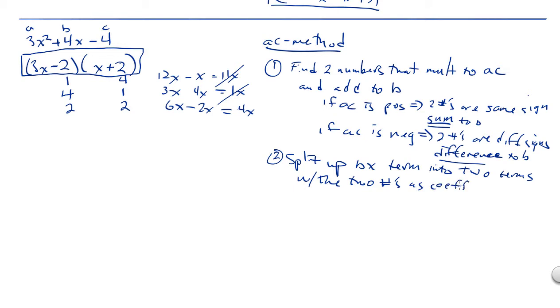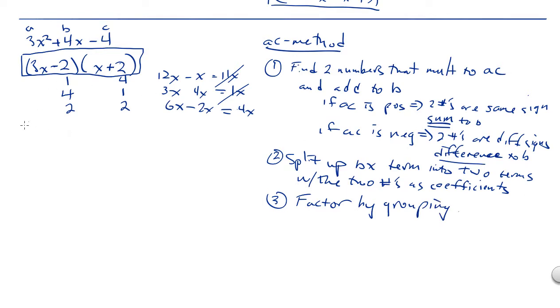These coefficients. Now once we have that, then we just factor by grouping. If we found the two numbers that work way up here in part 1, then this factor by grouping will work.